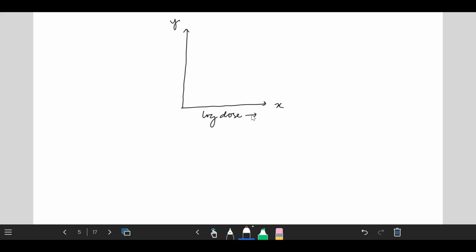But in the DR curve or dose response curve, you write log dose in the x-axis and the response in the y-axis. Now you will get a curve like this.